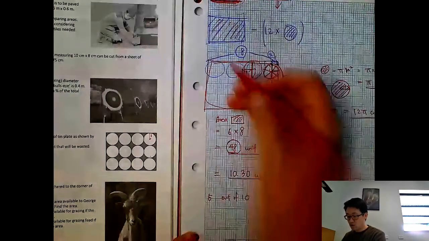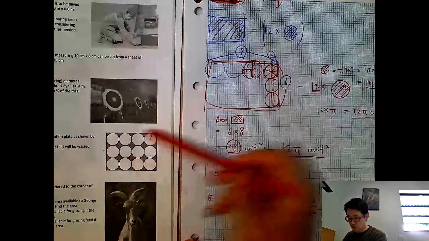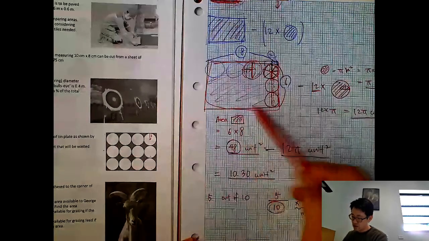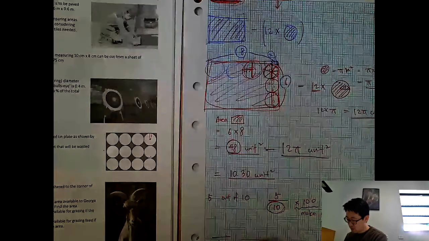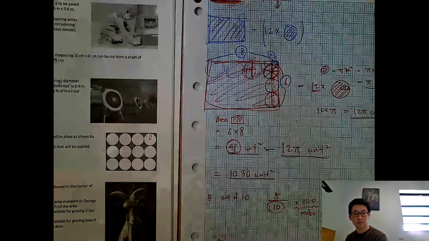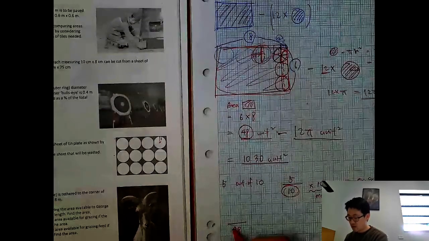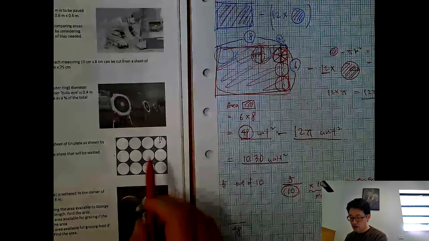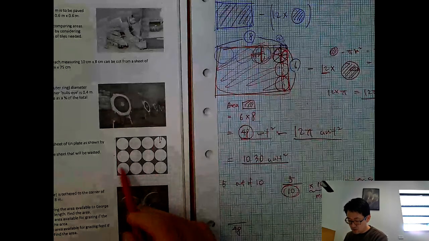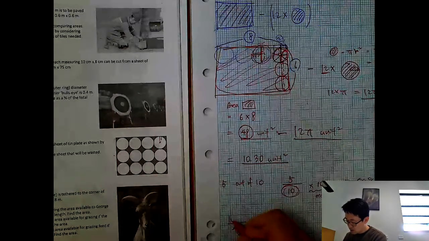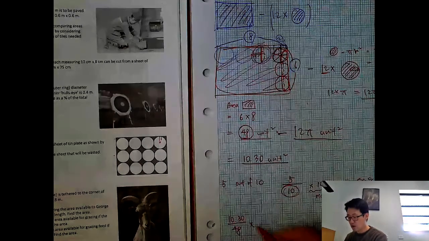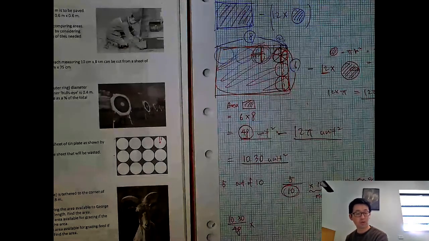Therefore, what's the total area in this case? Total area is those, isn't it? So 48. Yeah, 48. That's the total area. Divided by the wasted ones is 10.30 times making percentage. What do you need to do?